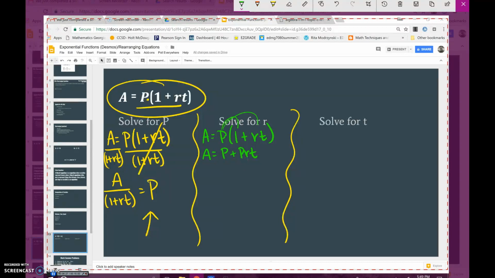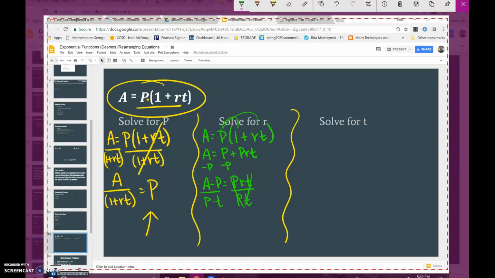All right, again, I'm trying to get R by itself. Right now we've got this plus P, so let's take it away. Minus P on both sides. So we have A minus P equals PRT. And we notice these are being multiplied together, so all we have to do is divide those quantities out. So let's divide both sides by P and T, because that'll cancel the T's, and that'll cancel the P's as well.